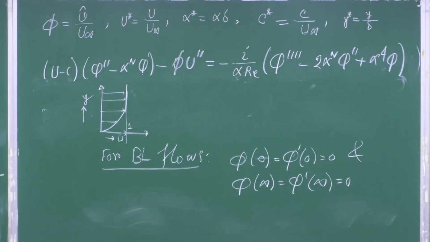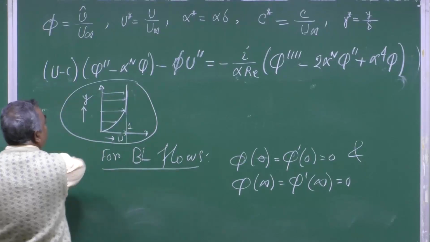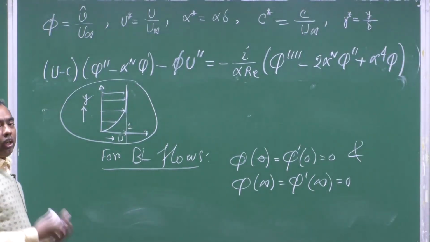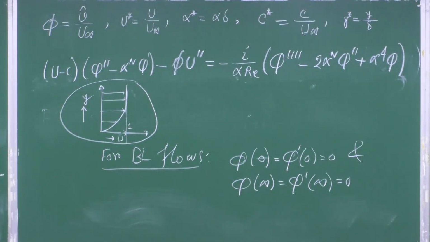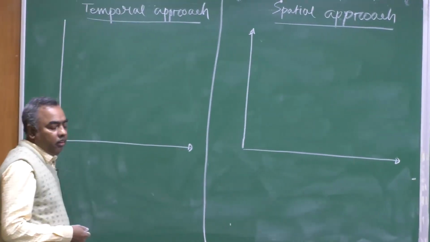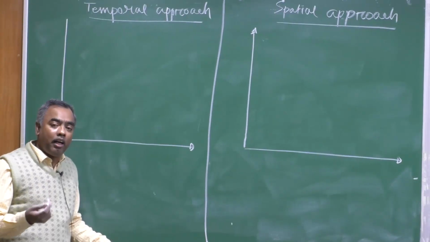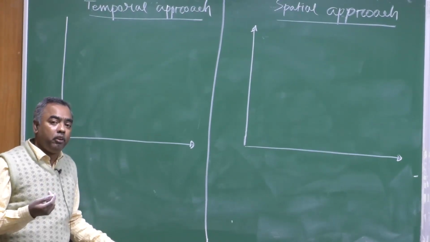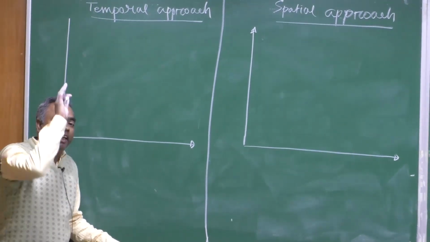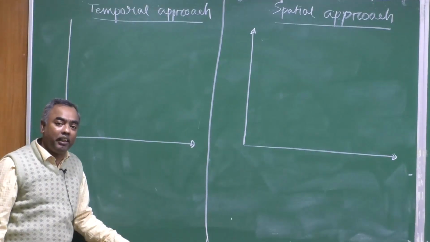Right. So, for this given velocity profile and given Reynolds number, if we solve the equation for each alpha, then for each given alpha and given Re we will get a set of C values for which this equation will be satisfied.